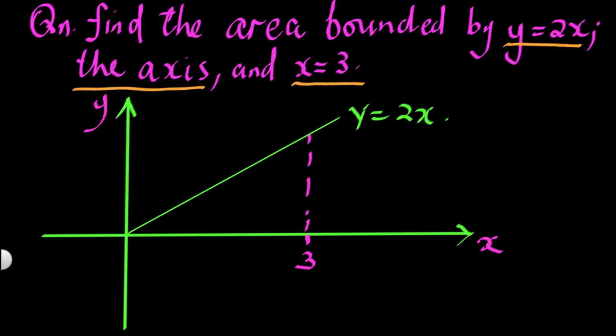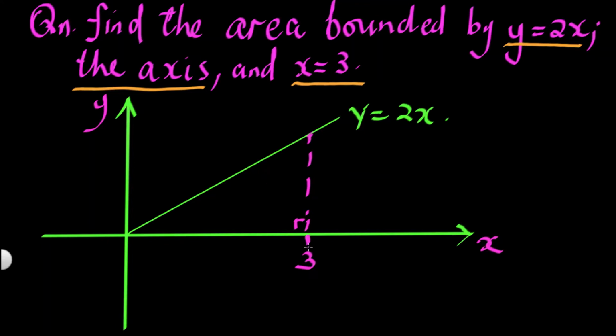First, I think you can all agree with me that this area is actually a triangle, a right angled triangle. The height, this side here, is actually a perpendicular height. So we can find the area of this triangle using the formula for finding the area of a triangle.